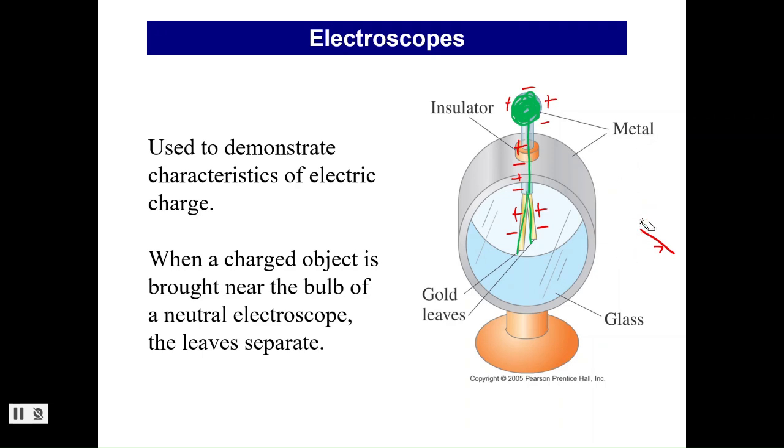So going through some of the processes that I did before, if I picture that I brought a negative rod nearby, what would happen is that those negatives would be repelled. So maybe some of these negatives up top would get forced down the leaves.